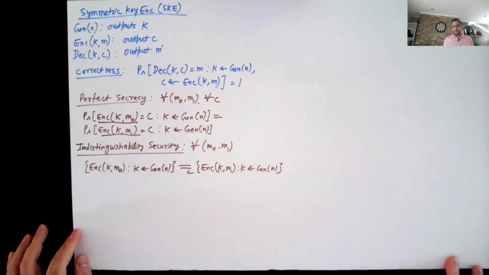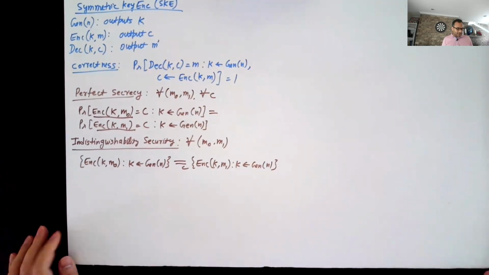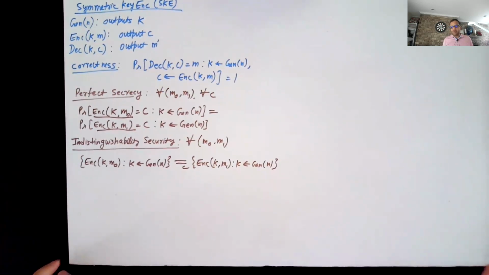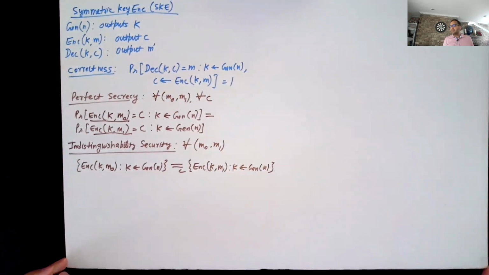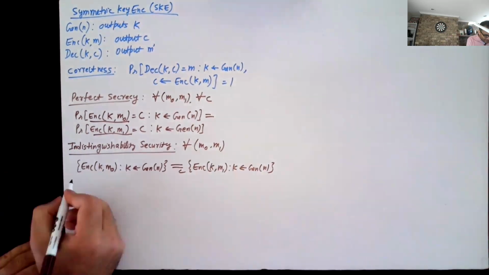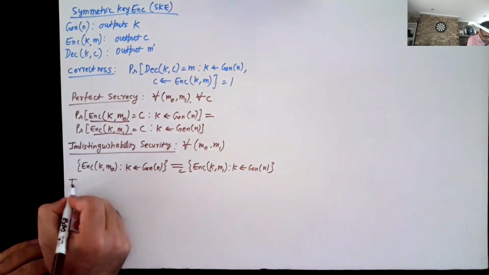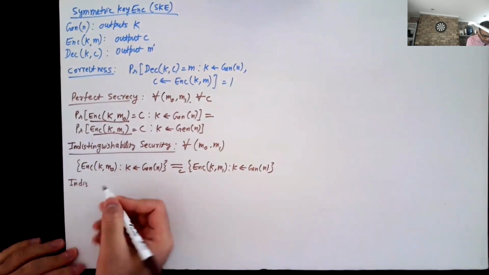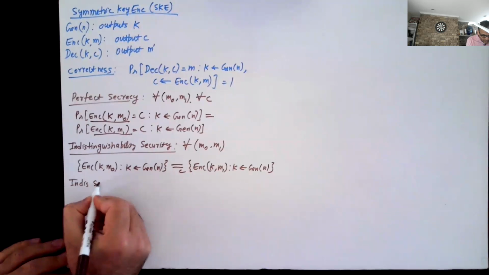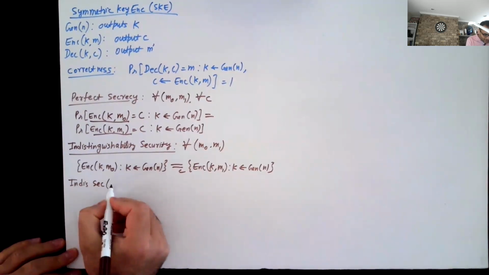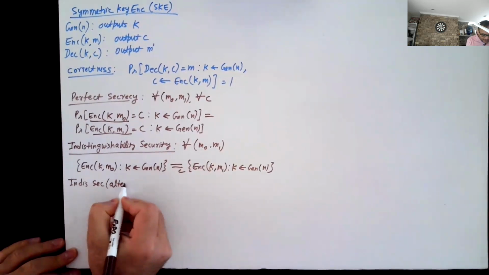Why is this the right definition? So again, when we considered computational indistinguishability, we also considered the prediction indistinguishability, or the prediction probability based definition. We can try to do the same thing here, and we will see that these notions are actually equivalent. So let me try to define another definition, indistinguishability security, and let me just call it an alternative definition.